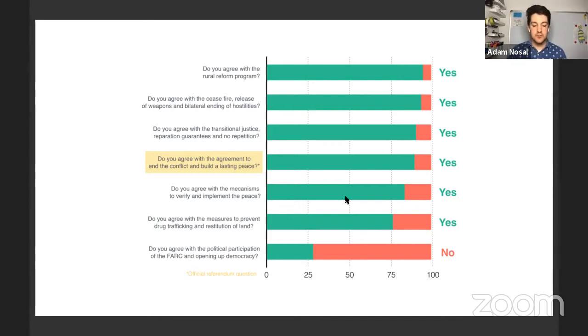Because they had different tokens, they were able to split the referendum question into its component parts. There were seven component parts in total. And individuals could allocate part of their tokens across these, and they could do it over a fluid period. So they could move them forward and back over time.